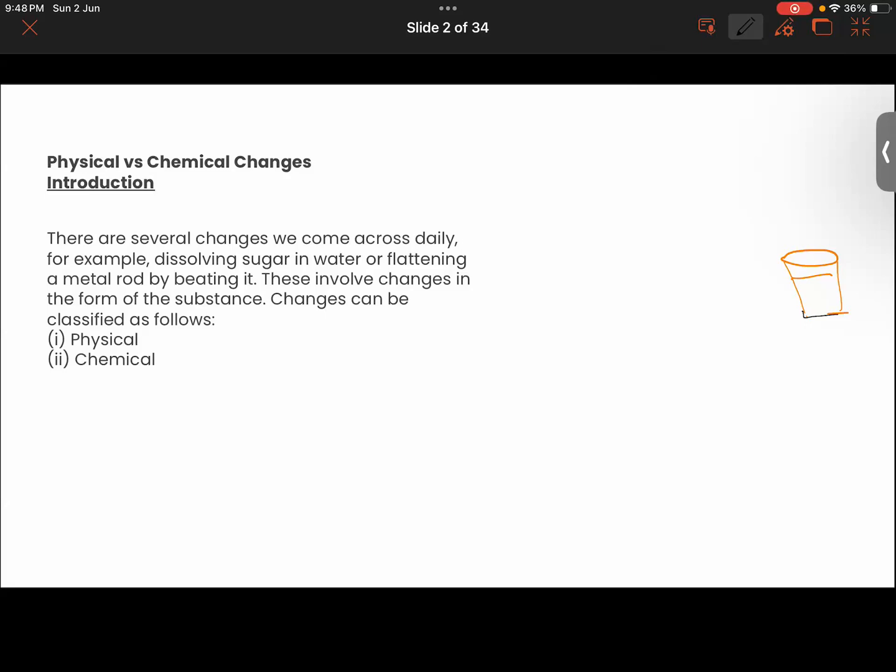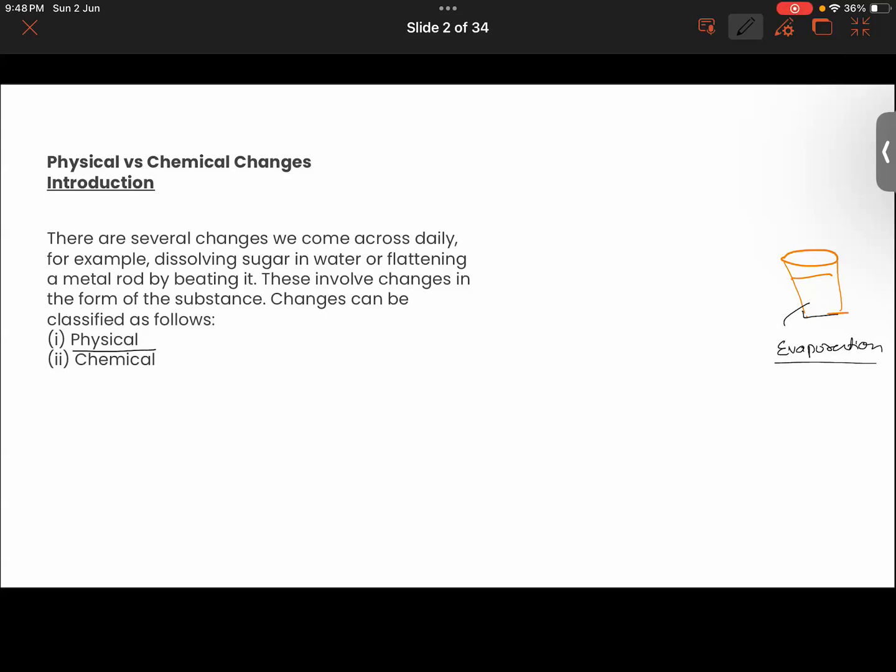So the sugar crystals disappear into those empty spaces, but they can be obtained back via evaporation of that water. That kind of change is called a physical change, where you can obtain the product back.